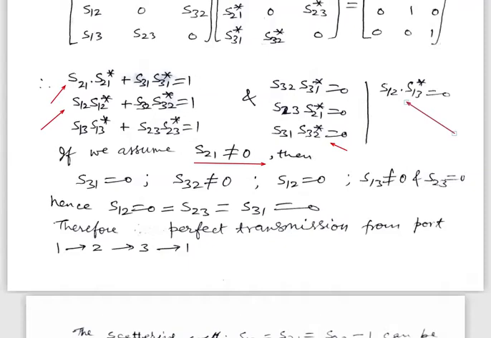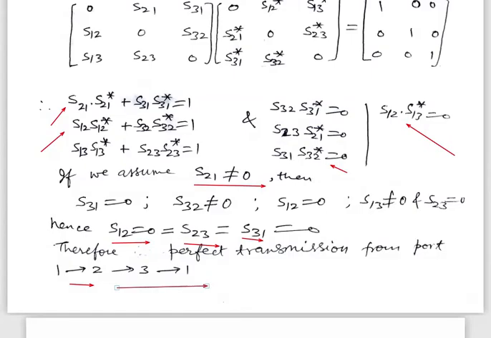So therefore we have concluded that S12, S23 and S31 have 0 values. It means there is a perfect transmission from port 1 to port 2, from port 2 to 3, and from port 3 to 1.